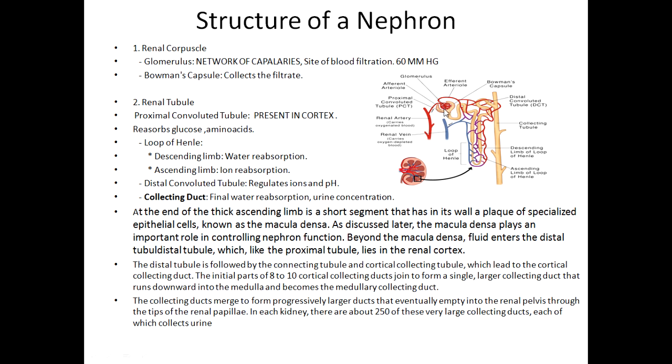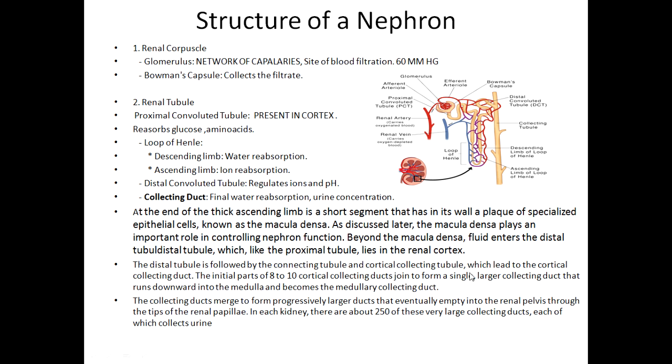This is a glomerulus, Bowman's capsule, proximal convoluted tubule. Again, the loop of Henle with descending and ascending limb, and this is called the distal convoluted tubule, and this will open into the collecting tubule. Understand? So this is the basic structure of the nephron.